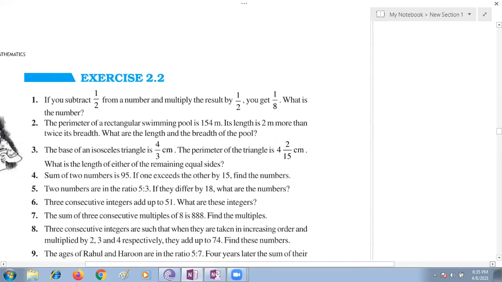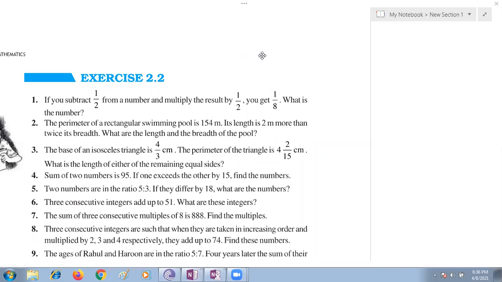If you subtract 1 by 2 from a number and multiply the result by 1 by 2, you get 1 by 8. These are the different statements given. First you have to think, let the number be X. First step, you are supposed to read your question and understand it thoroughly.